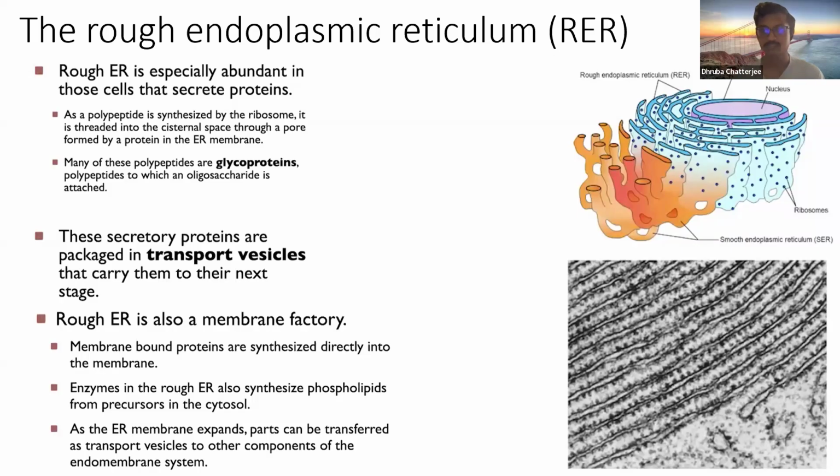So a considerable extent of these post-translational modifications of the proteins begin within the rough endoplasmic reticulum. And one additional thing is that the rough endoplasmic reticulum also acts as a very important compartment for protein quality control.